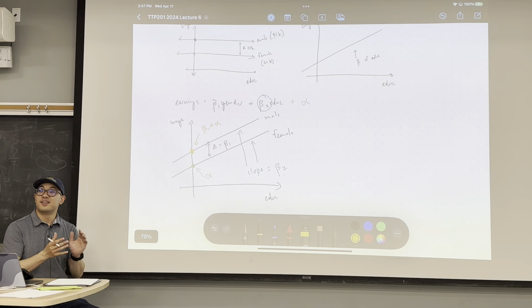We can do y equals beta x1, we can do y equals beta x2, or we can do y equals beta x1 plus beta x2, okay? And we can evaluate these different models in a variety of ways, using some of the metrics that we've already talked about, and then some metrics that you guys are gonna learn about next week.